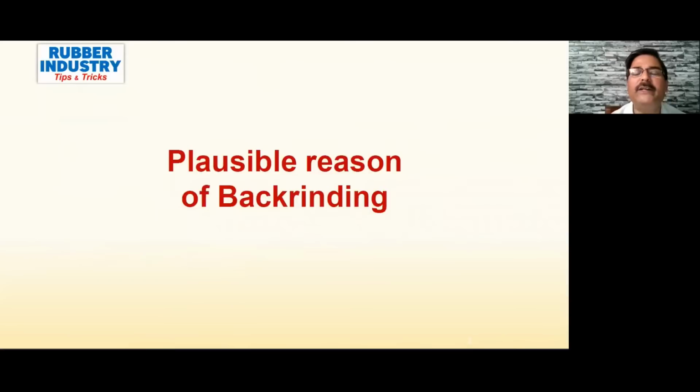What is the plausible reason for backrinding? During molding, the mold is kept inside the molding press at higher temperature for vulcanization. In the case of compression molding, a preformed blank of mixed rubber is kept inside the mold cavity directly, and pressure is applied at high temperature through the molding press.